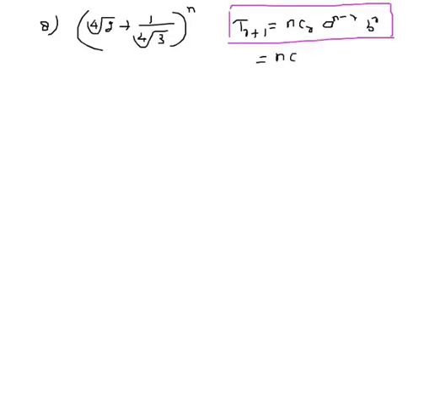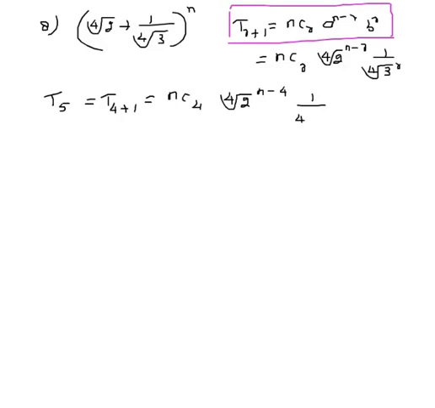Let us substitute for n, a and b: nCr, a is 4th root of 2 power n minus r, b is 1 divided by 4th root of 3 power r. We need the fifth term from the beginning, t5, which is t4 plus 1. r is 4, so nC4, 4th root of 2 power n minus 4, 1 divided by 4th root of 3 power 4. This is the fifth term from the beginning.